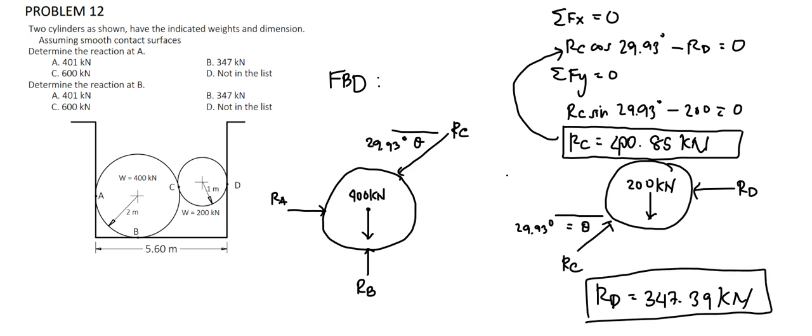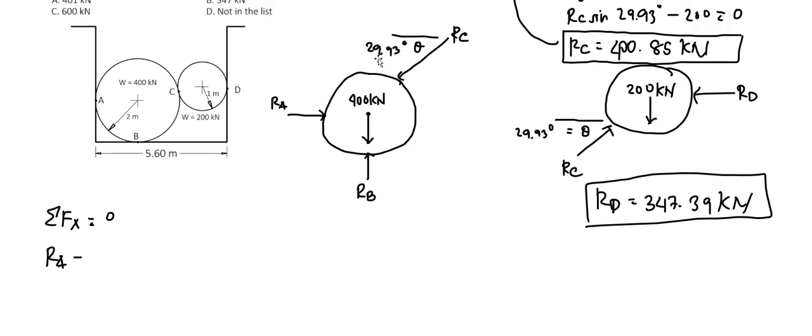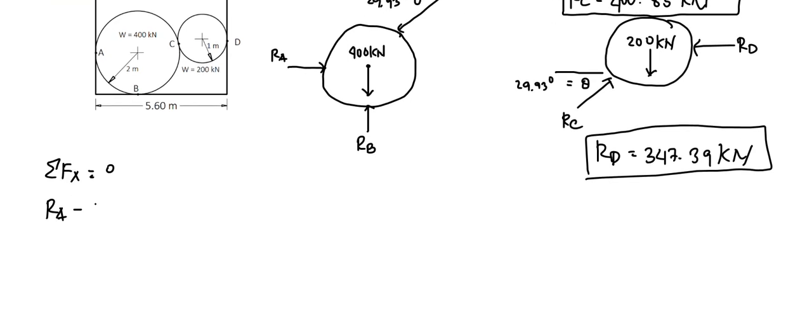Now that we have RD and RC, we can now solve for the other unknown variables, that is RA and RB. Now that we have RC, we can take summation of horizontal force to solve for RA. So taking summation of horizontal force equal to 0, we have RA minus RC cosine 29.93, and RC is 400.85, cosine of 29.93 degrees equal to 0.